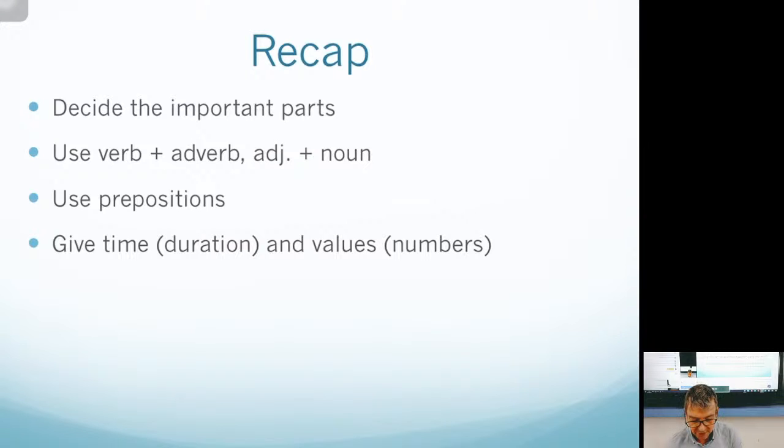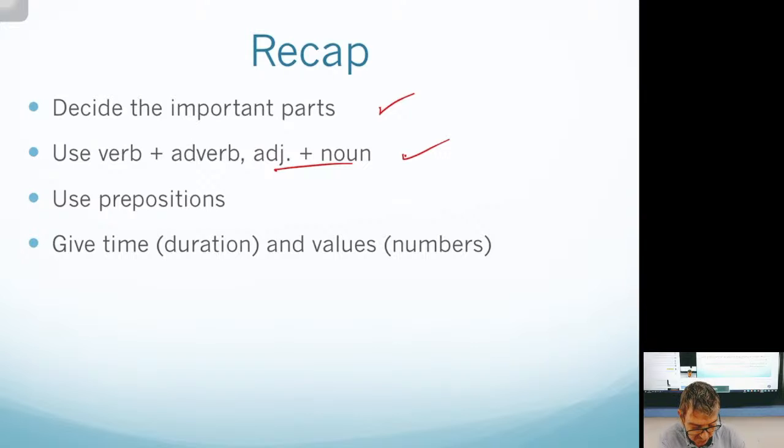And then finally, to recap then, decide the most important parts. Use a verb, an adverb, or adjective and noun. Collocation or chunk. So don't forget to use there is with this part.